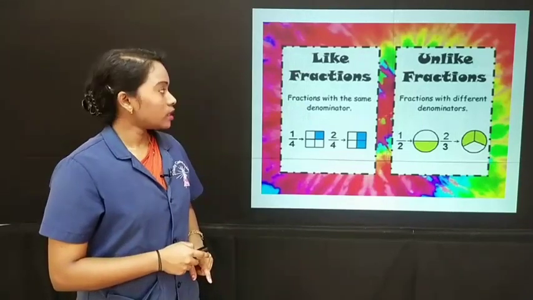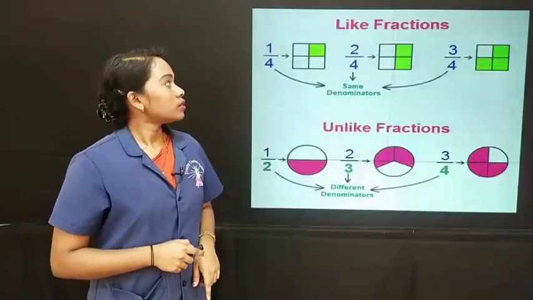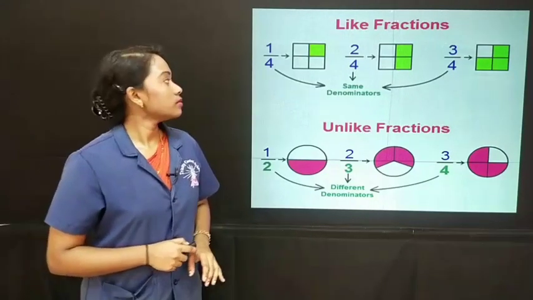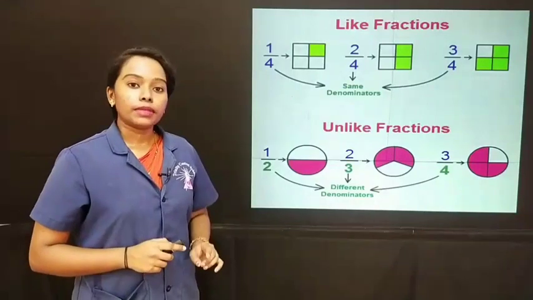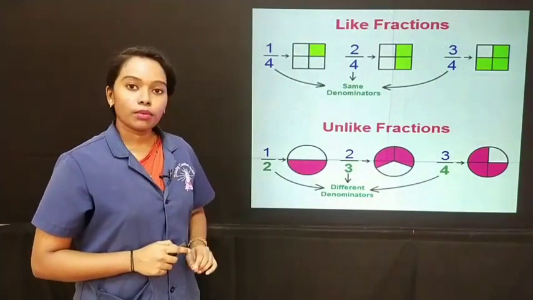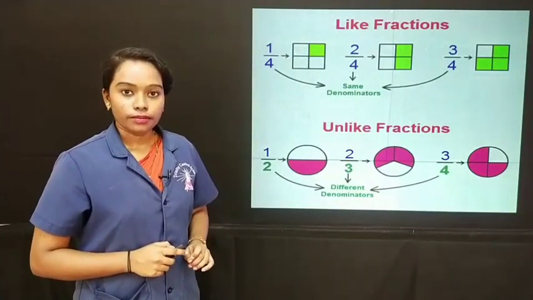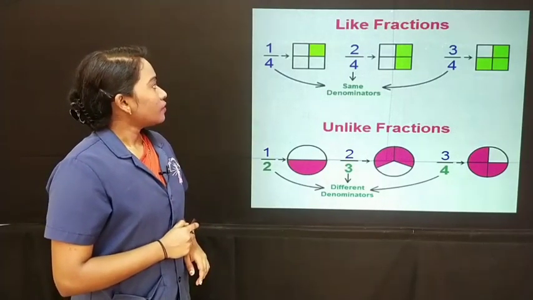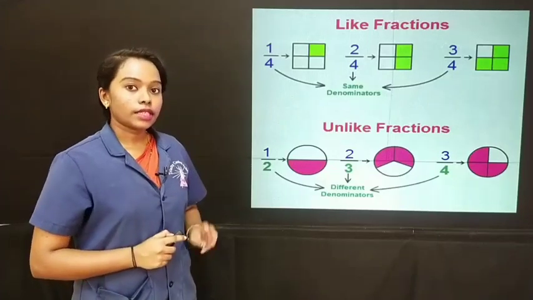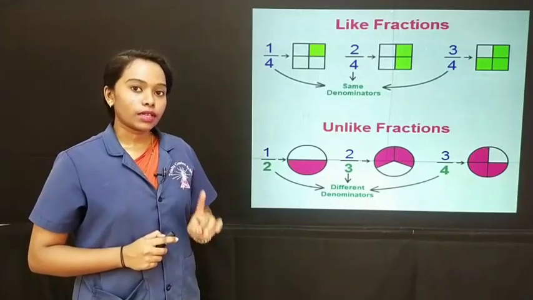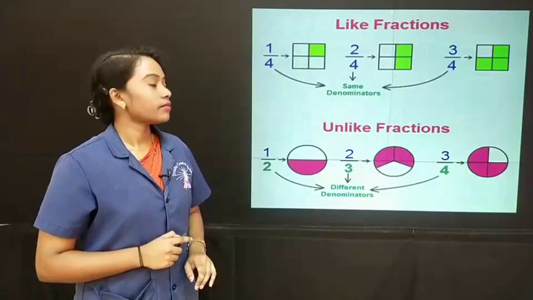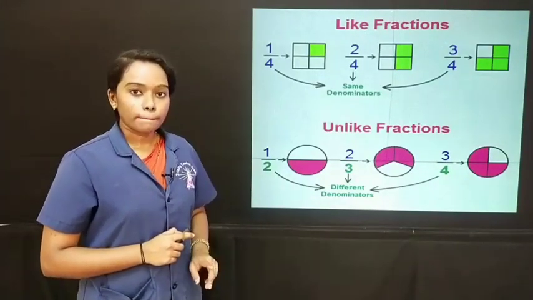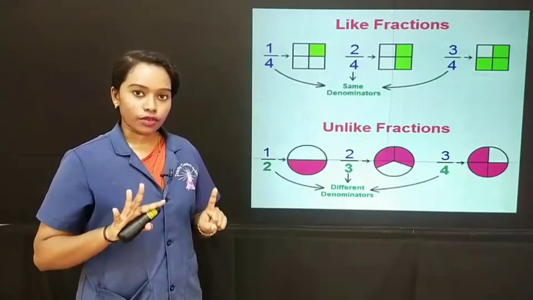Let's move to solve some more examples here. Now you have to represent this shaded portion by a fraction. See here. Here we have a square which is divided into 4 equal parts and one of them is shaded. And the fraction for this shaded portion is 1 by 4. 1 out of 4 is shaded.